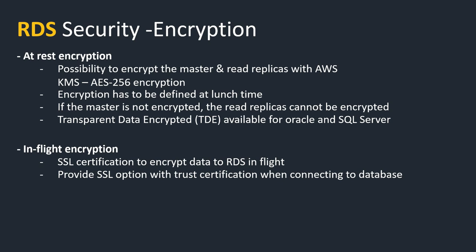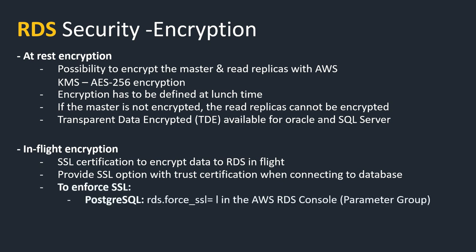To enforce SSL, to make sure that all the clients must use SSL, if you are using PostgreSQL, there is a console parameter group setting you need to set called rds.force_ssl equals 1.